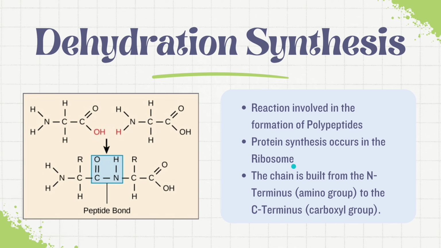Now dehydration synthesis. So this is how singular amino acids bond together to create polypeptides. And this is part of the process of protein synthesis that happens in the ribosome. It's the first stage before we do folding and stuff like that. There's some interesting terminology, N-terminus, C-terminus.